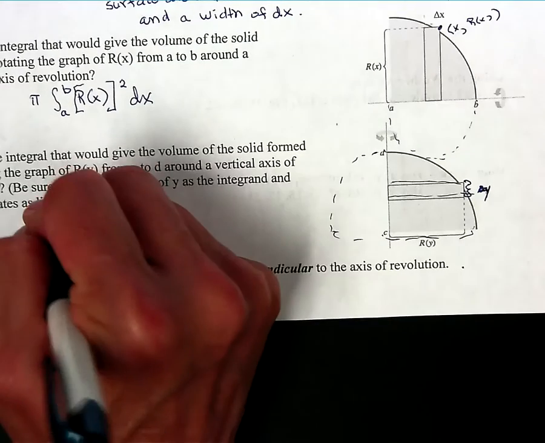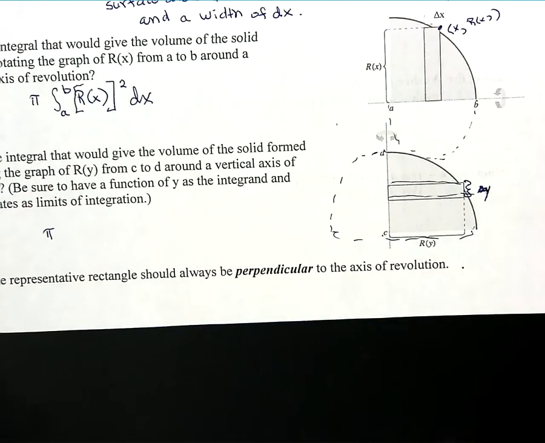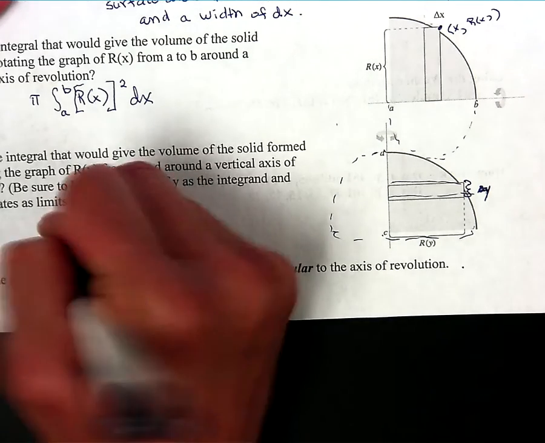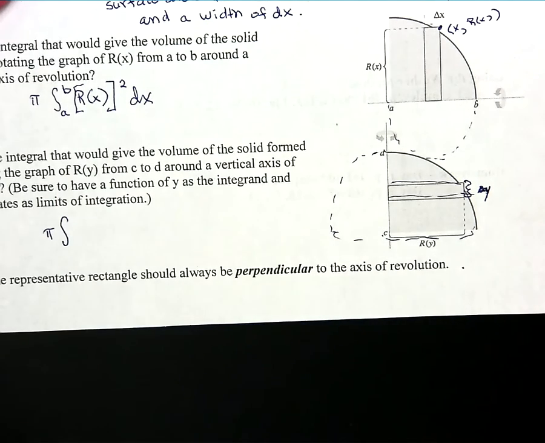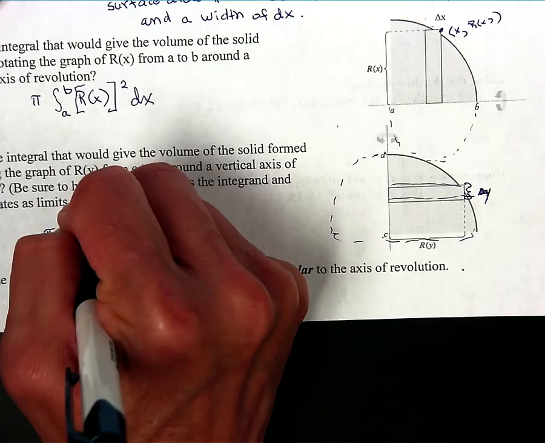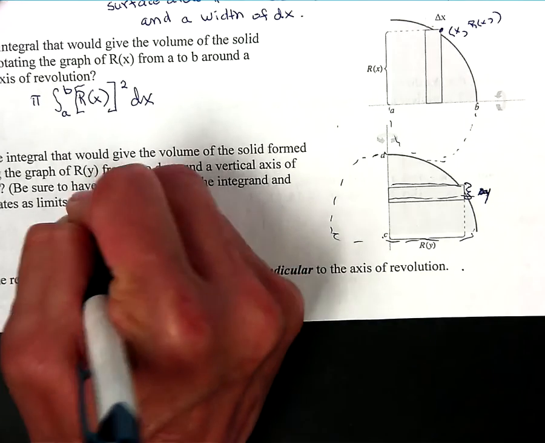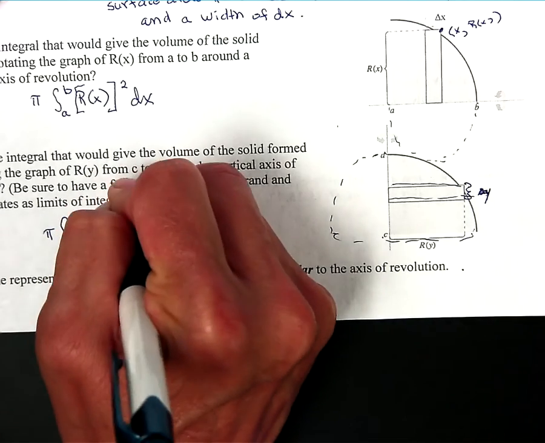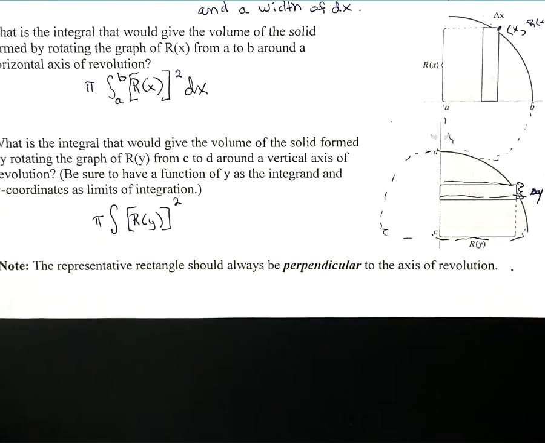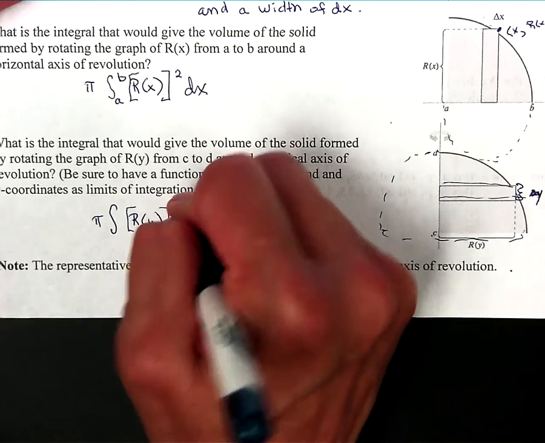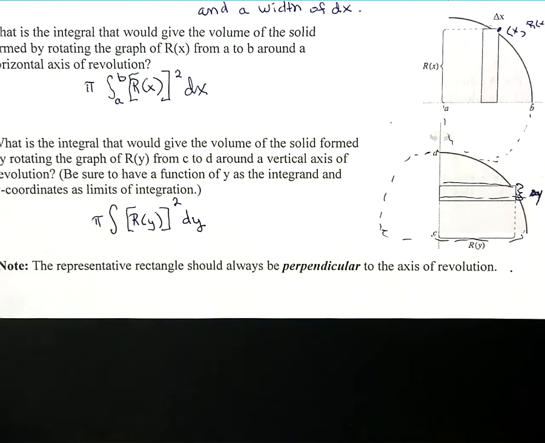So the integral that gives you the area, the volume of that cylinder is still pi times the radius squared. The radius squared is a function of y, dy, integrated from where to where?